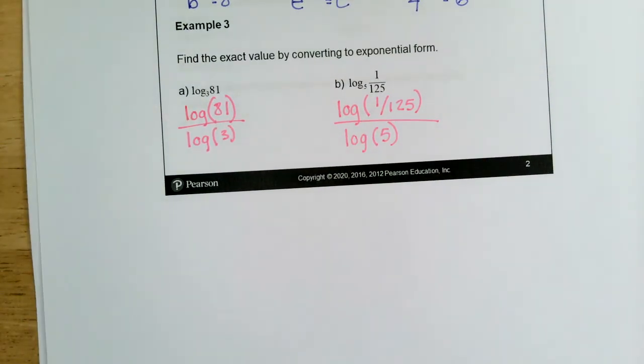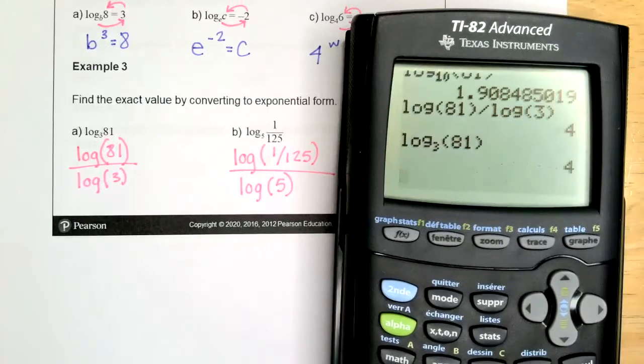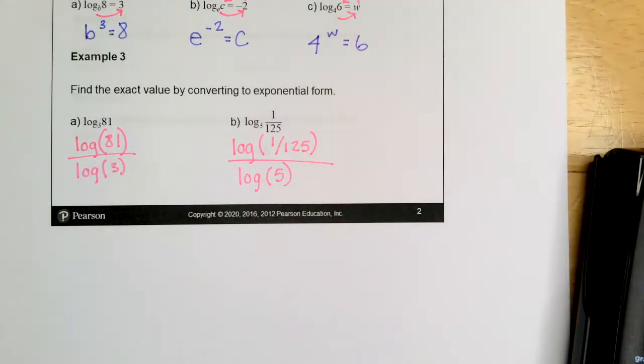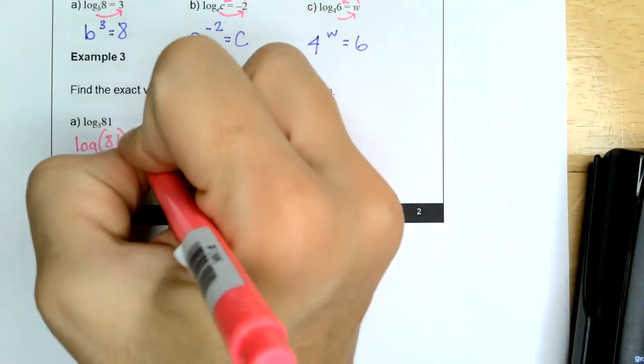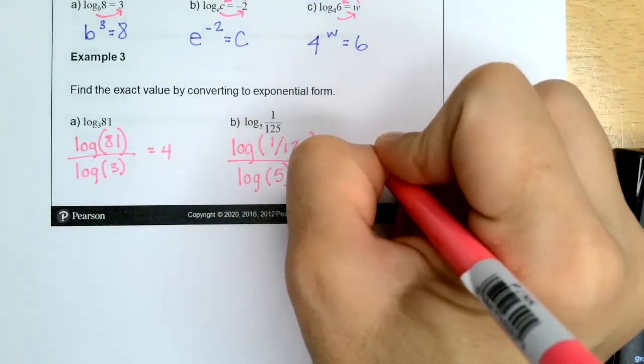Good? So the exact value of these: log 1/125 divided by log 5 is -3. So that one was 4, and this one is -3.